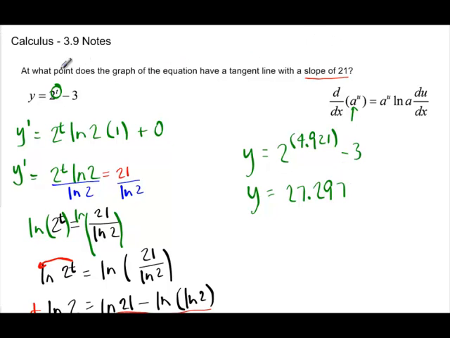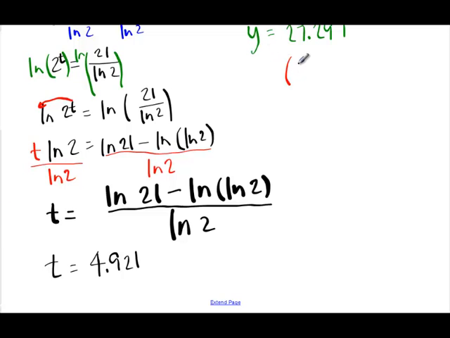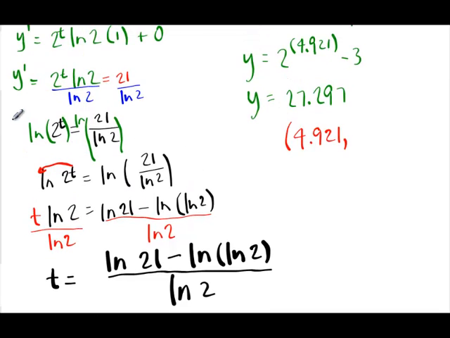And so at what point does this occur where you have a slope of 21? It occurs at the point, and then look back down here, (4.921, 27.297).